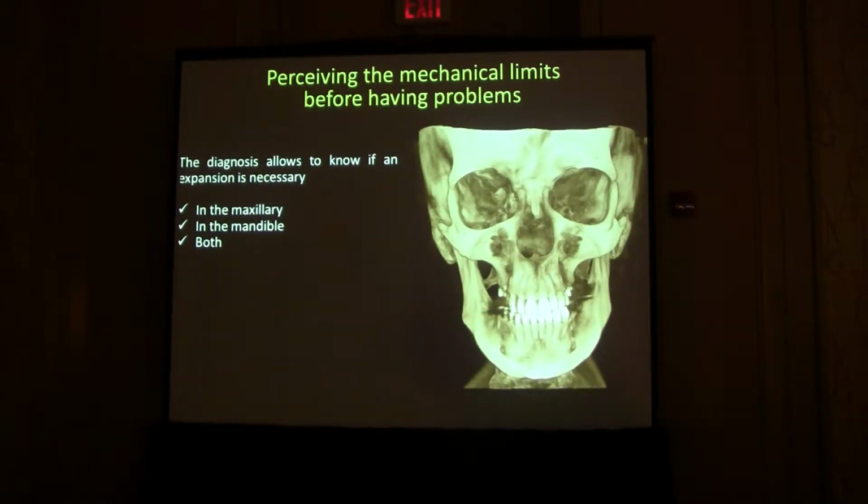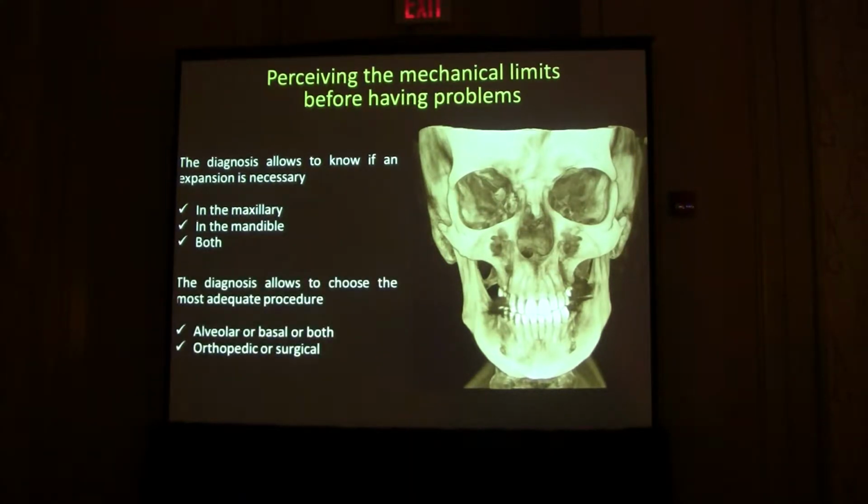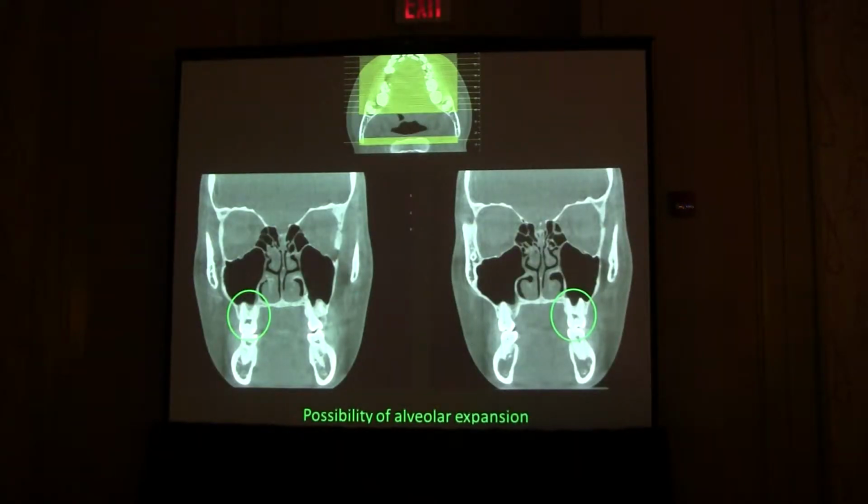Only a precise diagnosis allows us to know from where and how to perform the expansion: in the maxillary, in the mandible, or both; alveolar, basal, or both; orthopedically or surgically. Only the clinical examination, the diagnosis, and the chosen therapeutic means should guide us.